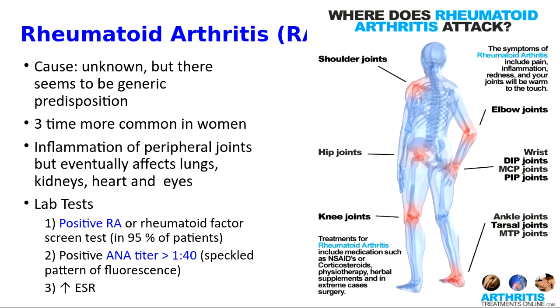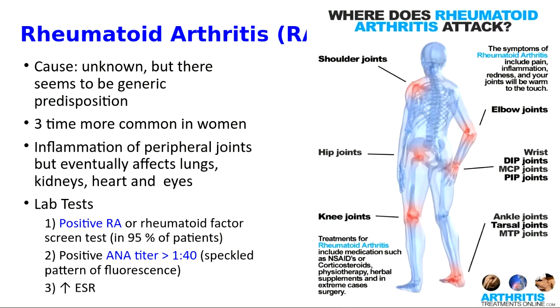Then we have the example of rheumatoid arthritis. As you can see in the picture, it can hurt. These antibodies will attack all your joints. The cause is unknown, but there is a genetic predisposition, and it is also more common in females than in men, about 3 to 1.